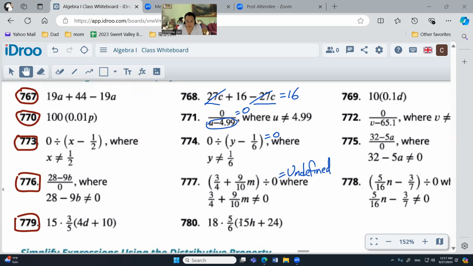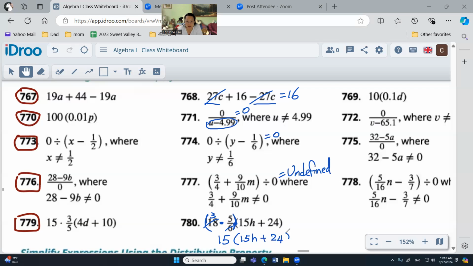Okay. Here, this is multiply. This is also multiply. So we can do these 2 first, and then do the 15h plus 24. So let's do these two first. Cancel, cancel, 3. Okay, so 3 times 5 is 15. And after that, we can multiply by this parentheses.